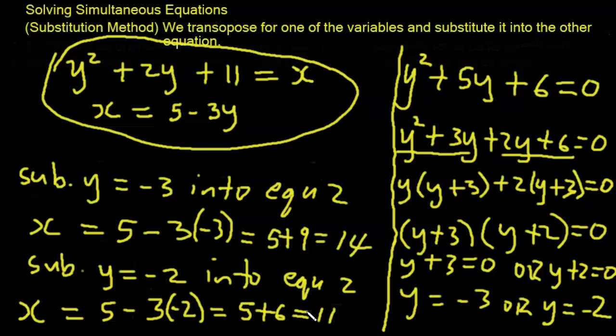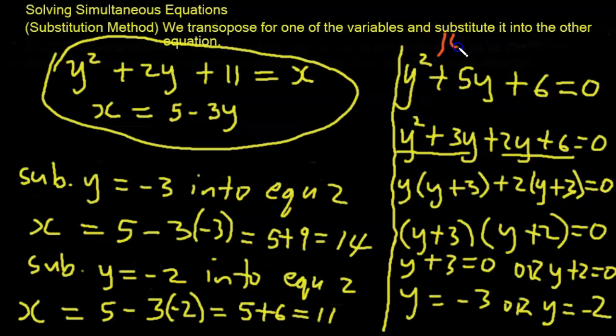And what these values represent really, if you should sketch the graph of x equal to 5 minus 3y and sketch the graph of y squared plus 2y plus 11 equal to x, these graphs will intersect. So we're saying when the y value is minus 3, the x value is 14.